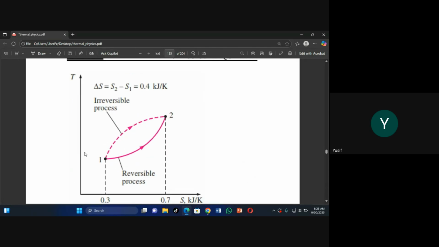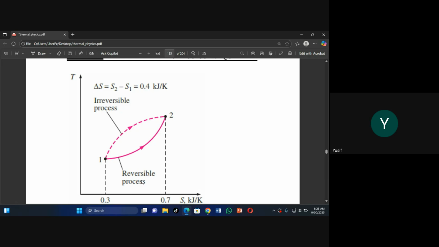So if you look at this state, we have first state and second state. Someone could choose to go this way. Someone can also choose to go this way, whether reversible or irreversible. The state is still the same. The entropy is still the same. So if you look here, you have the first entropy state to be 0.3, the second entropy state to be 0.7. So if we want to find the entropy change of the system, it's a matter of just subtracting 0.3 from 0.7, and you are going to get 0.4.